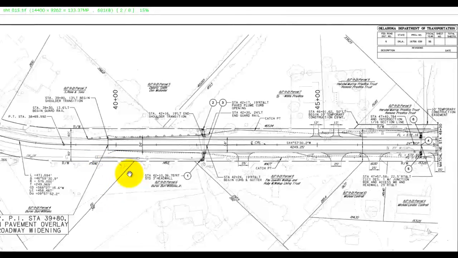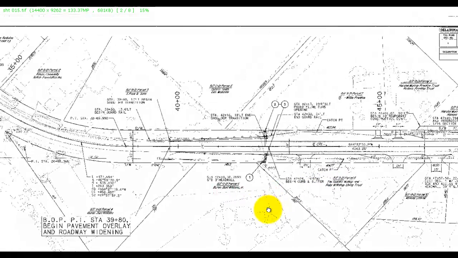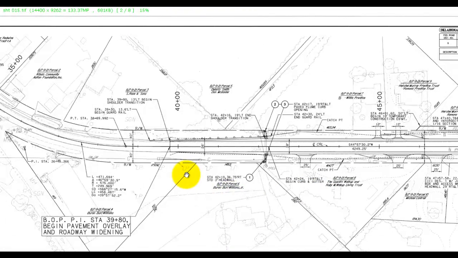So you might be doing a survey for a property that is along the highway, and so you might need to know some of this information, or you could be doing a survey for the highway. A lot of times in the business I work for, we do surveys for property owners, and we need to know the right-of-way and distance from the center of the road.